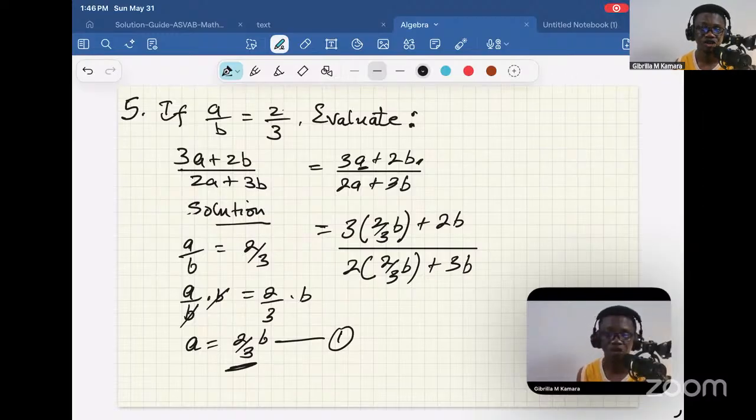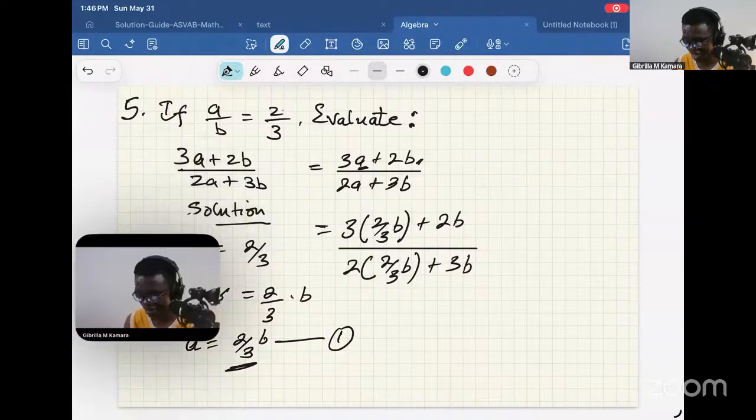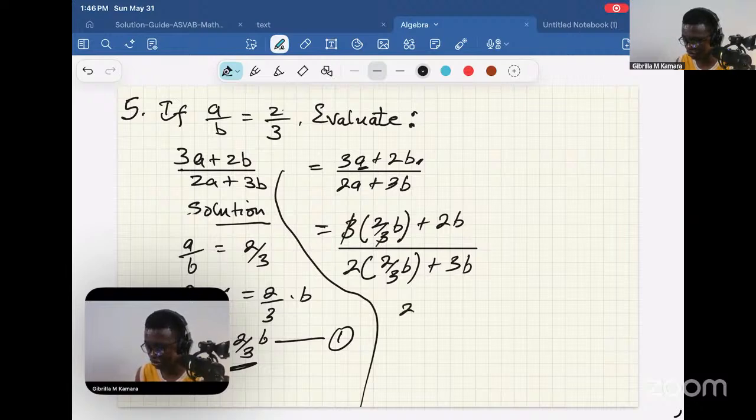Once you get that, all you have to do is simplify. These 3 cancel this 3 here. We are left with 2b plus another 2b, which gives you 4b, divided by 3 plus 3b.